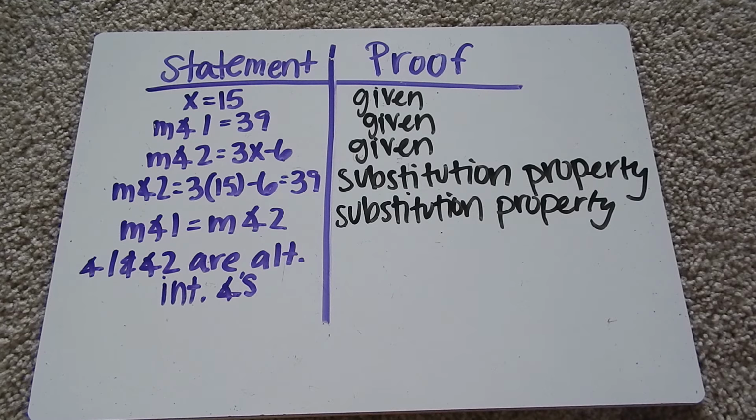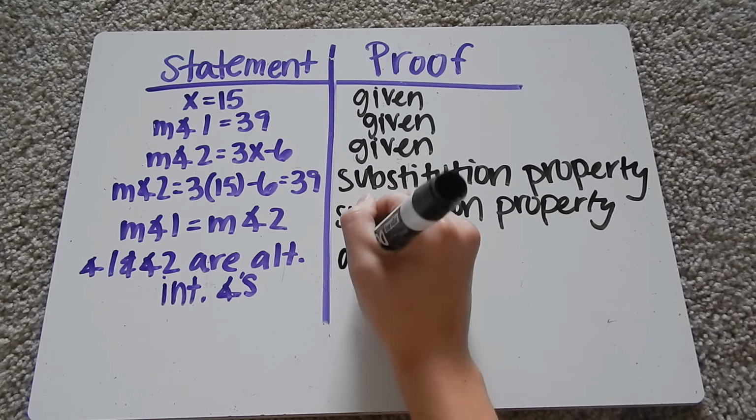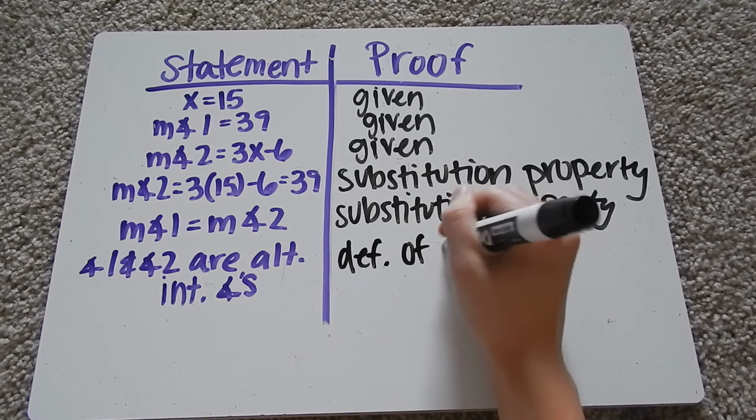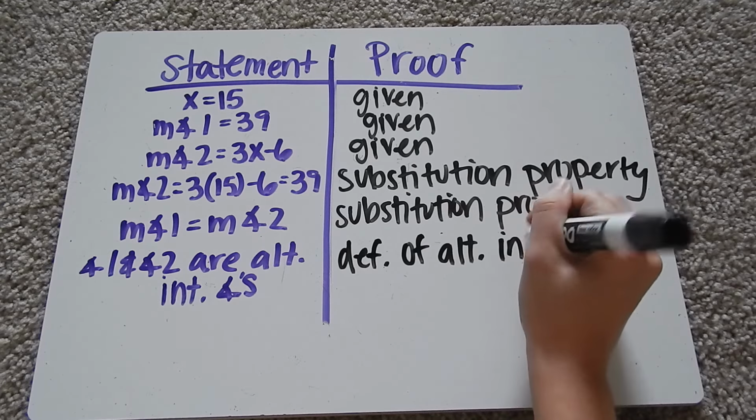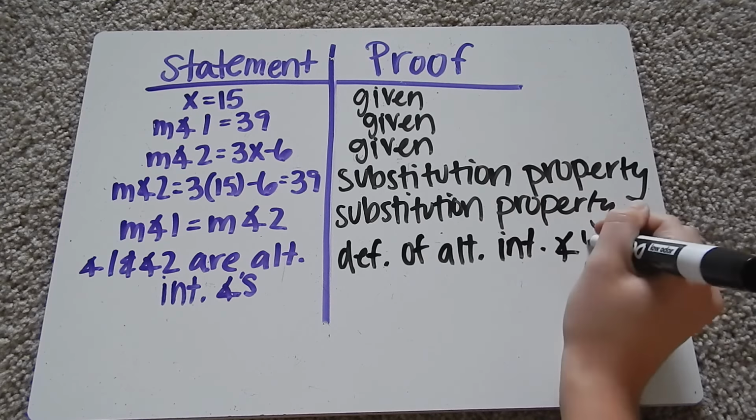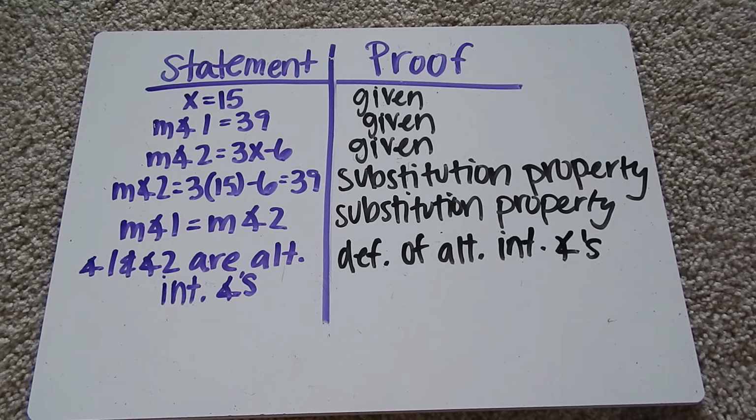So now that we have angle 1 and angle 2 are equal, then I can say angle 1 and angle 2 are alternate interior angles. This is by the definition of alternate interior angles. They are on opposite sides of the transversal. They're on the inside of the two lines, so they are alternate interior angles and they're equal.